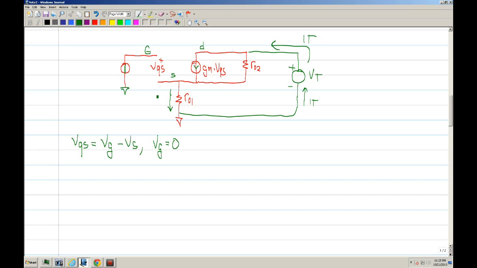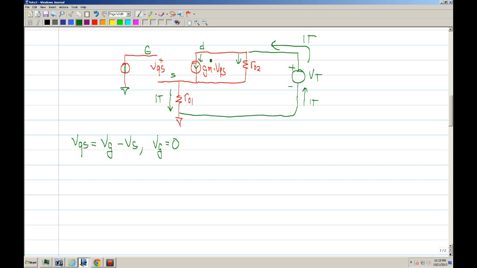Okay, so IT appears across the output impedance of the first transistor, or R-out1. Okay, now this IT then is split between this current source and this voltage source.